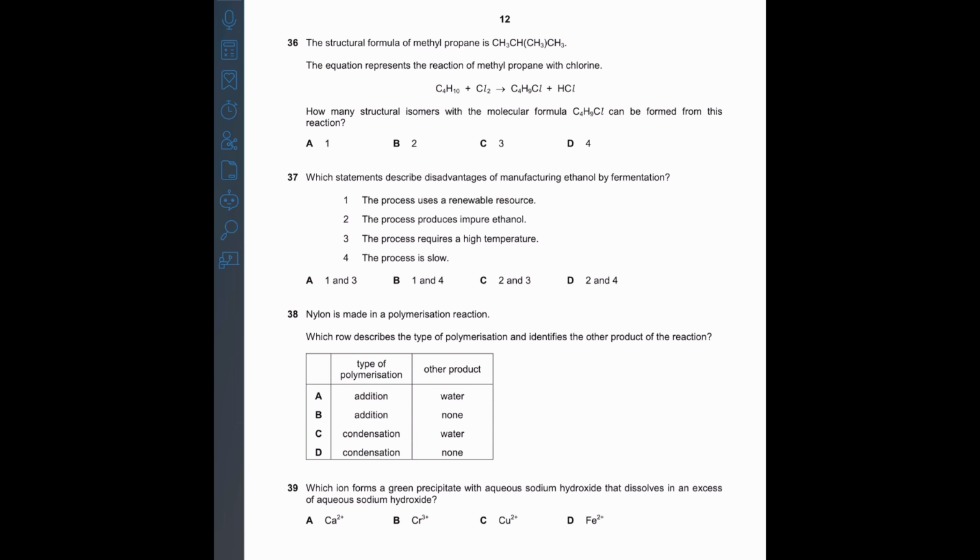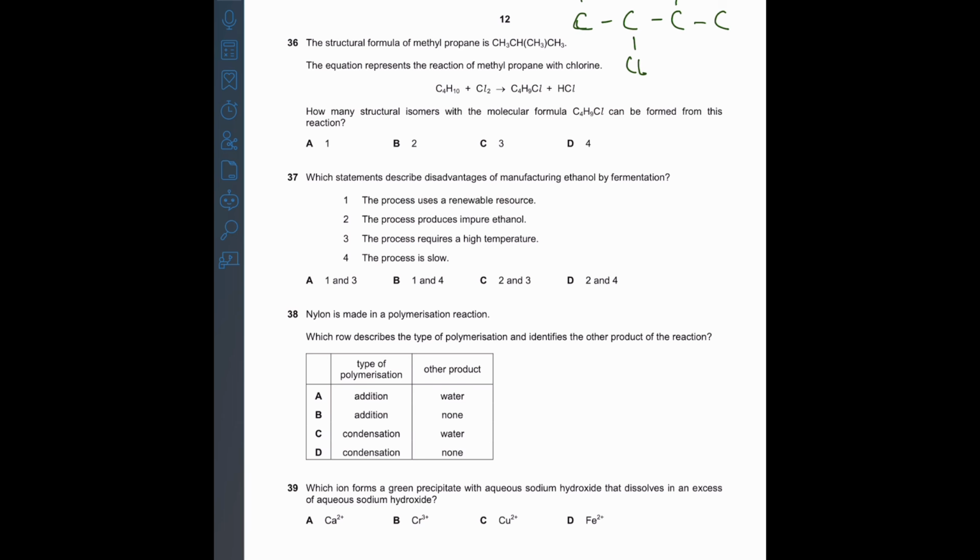So how many different ways can we arrange this? The best way to answer these types of questions is to draw the diagram. Since this is a simple molecule, we have 4 carbons. I will just draw the carbons because the chlorine will be attached to one carbon, and either it can be to the first one or it can be to one of the middle ones.